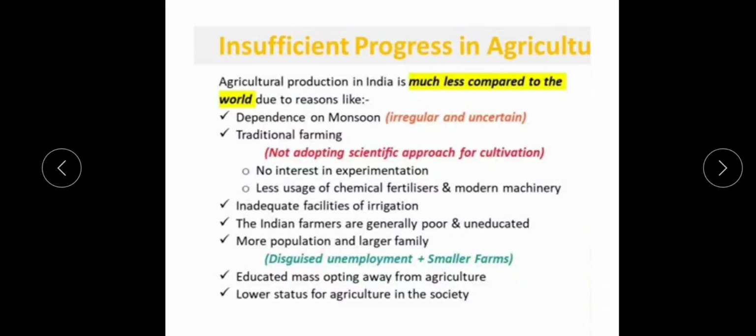Now, in most parts of India, agriculture is a primary activity. Why is it called a primary activity? Because it provides food grain as well as raw material for various other industries. Three types of farming are found: primitive farming in hilly and forested areas, intensive subsistence farming in densely populated areas, and commercial farming.